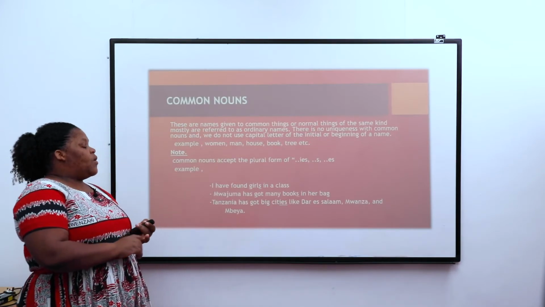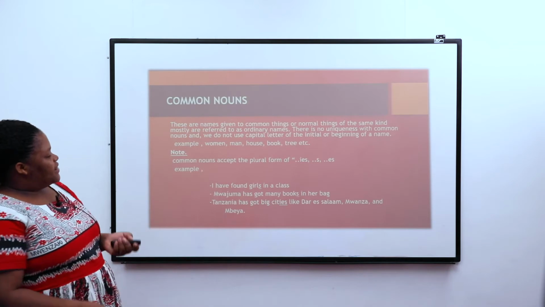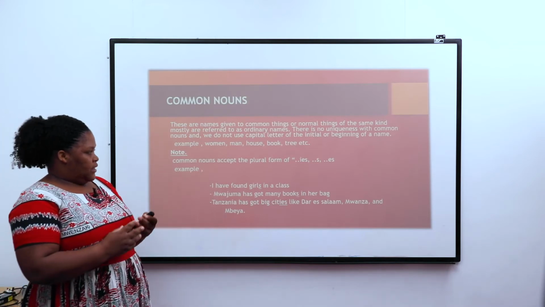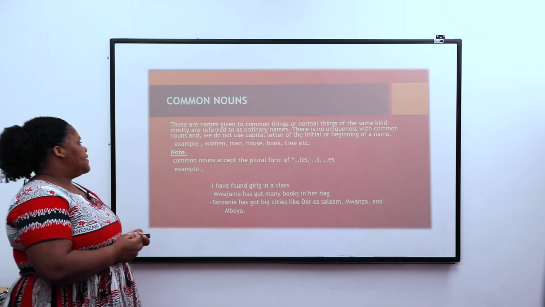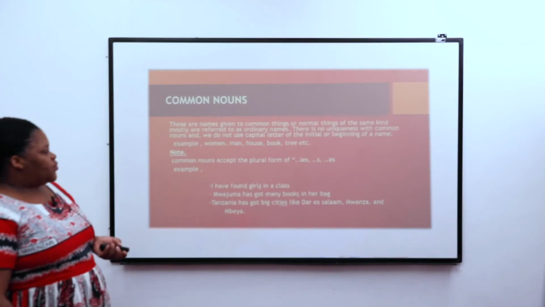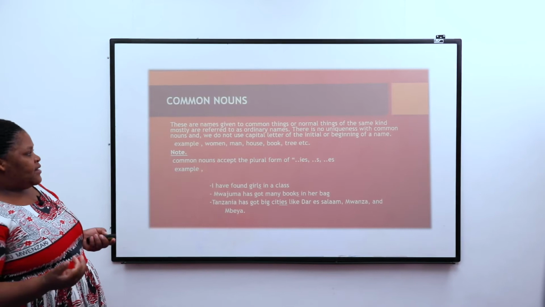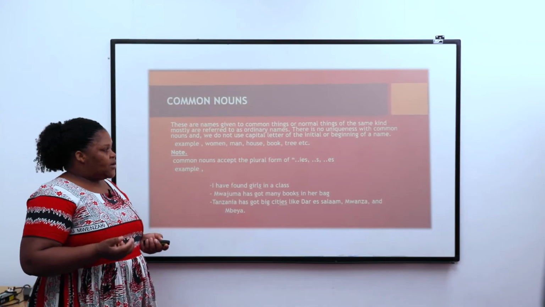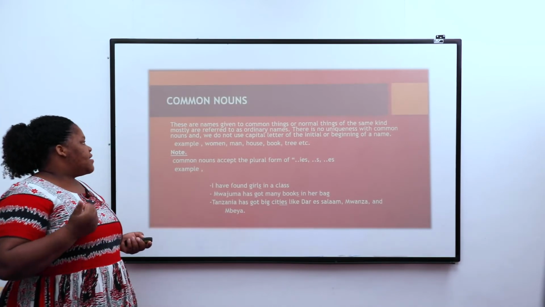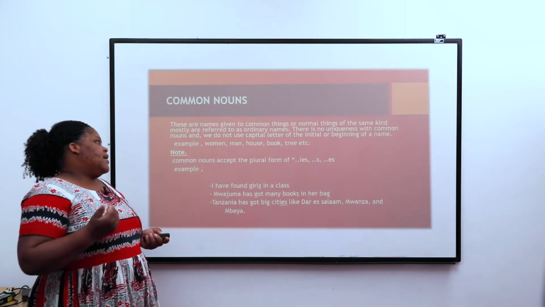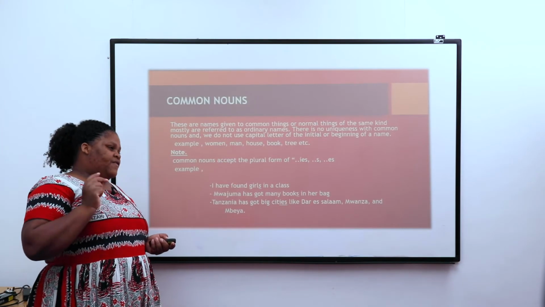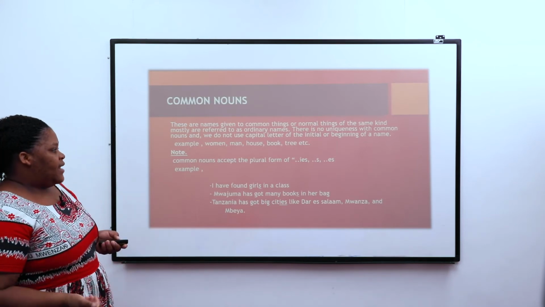Another type is the common noun. These are names given to common or normal things of the same kind, mostly referred to as ordinary names. There is no uniqueness with common nouns, and we do not capitalize the first letter of a name.